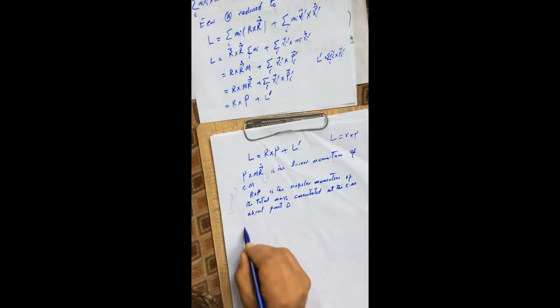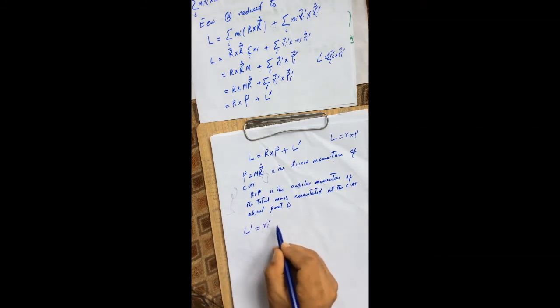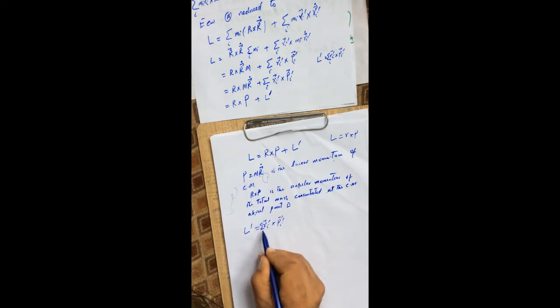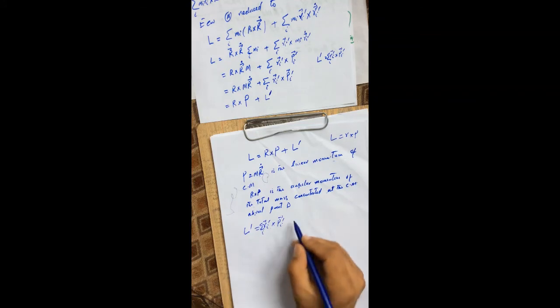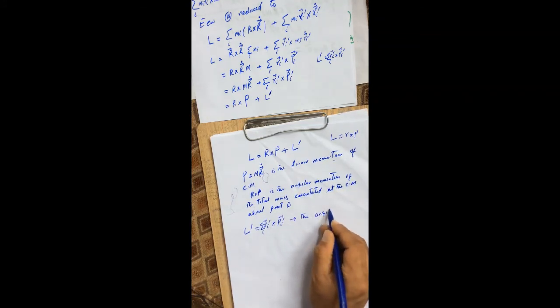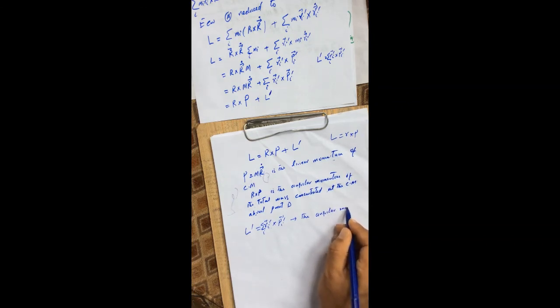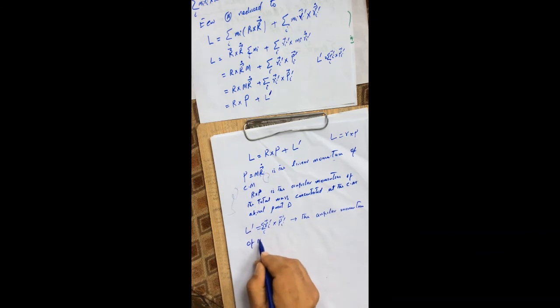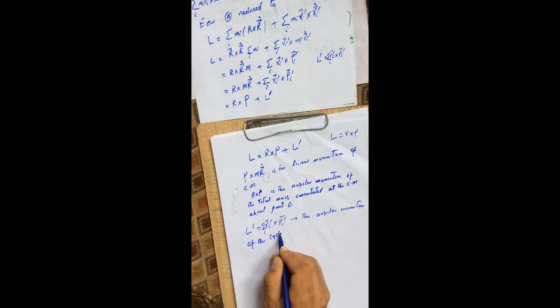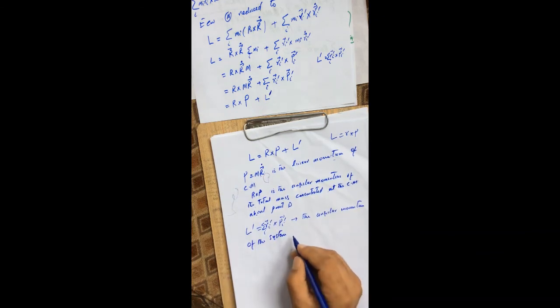Now next, L prime. What is L prime? L prime is basically sum over i of Ri prime cross pi prime, and it represents the angular momentum of the system about its center of mass.